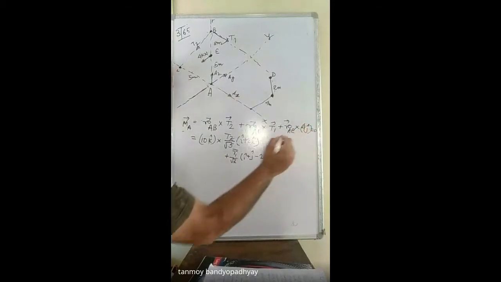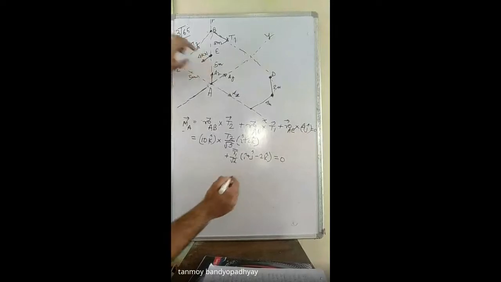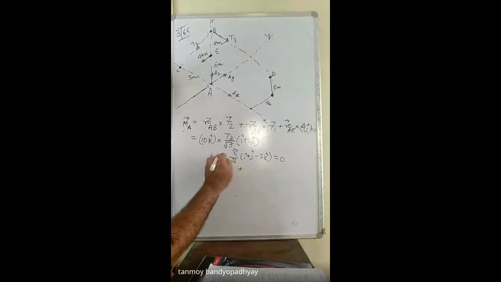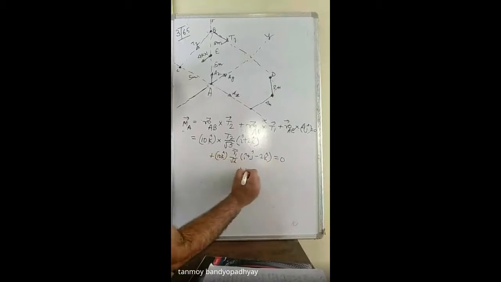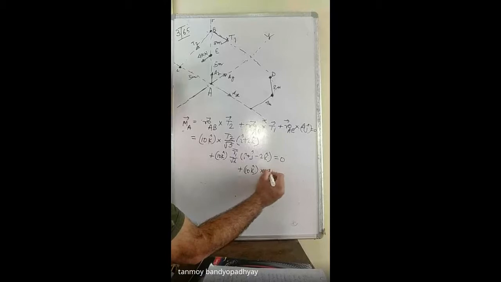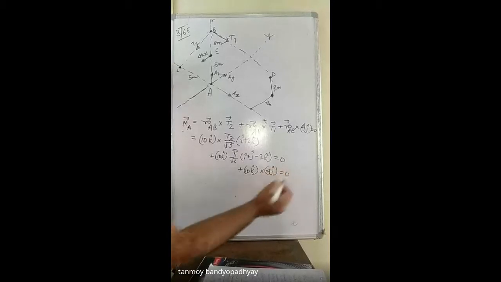Okay? So what is RAE? The point E is, so again we should be having plus 10 k cap, which I had not written, plus 10 k cap cross 4j, right? That is equal to 0.